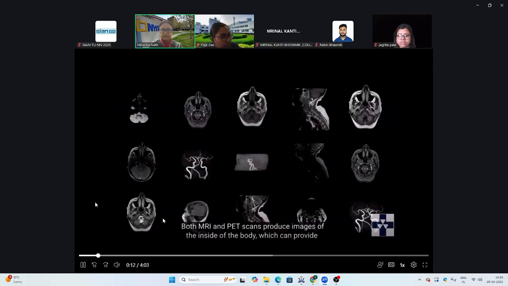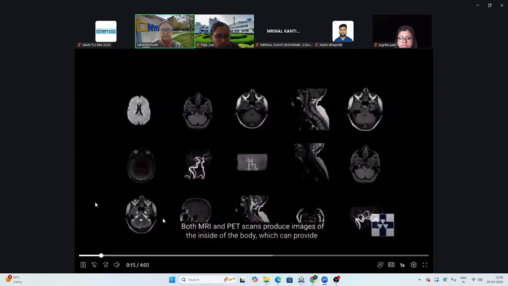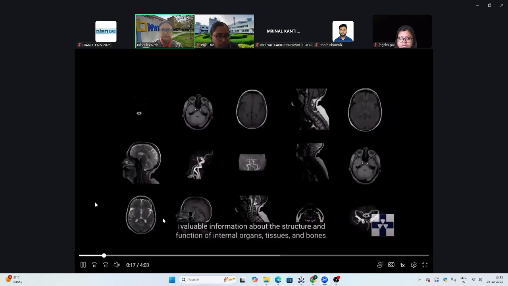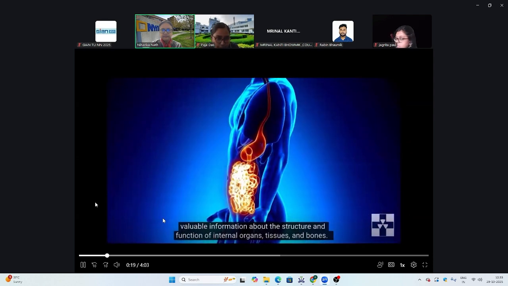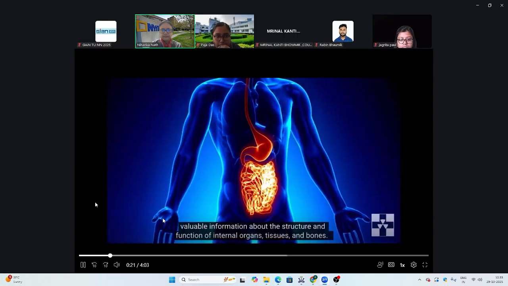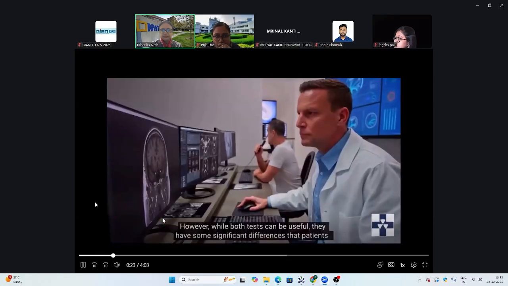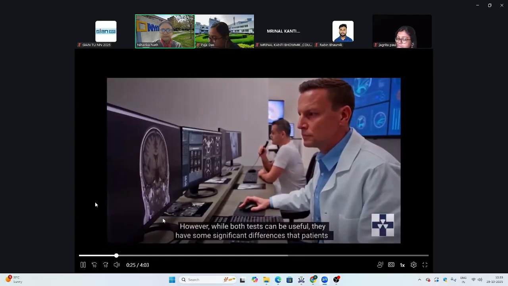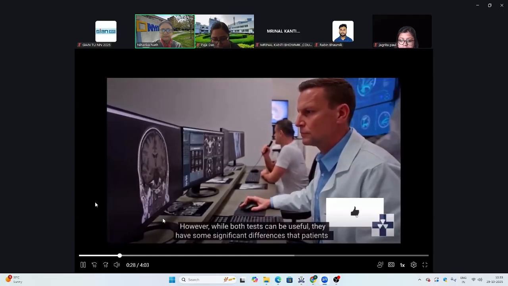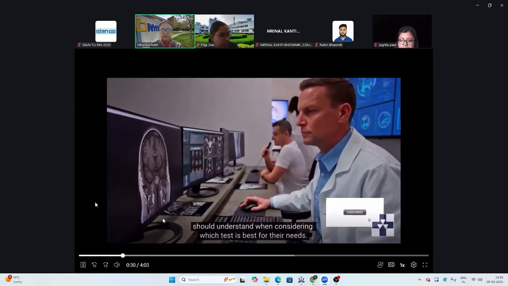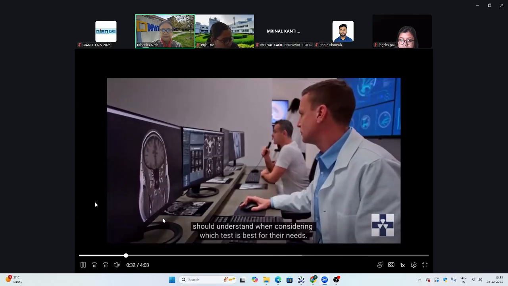Both MRI and PET scans produce images of the inside of the body, which can provide valuable information about the structure and function of internal organs, tissues, and bones. However, while both tests can be useful, they have some significant differences that patients should understand when considering which test is best for their imaging needs.